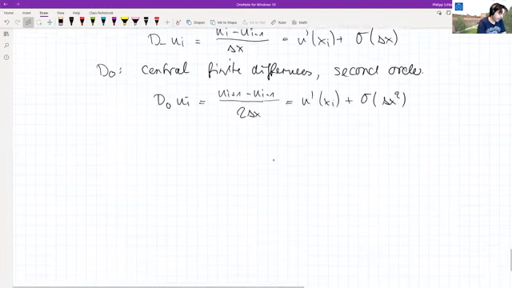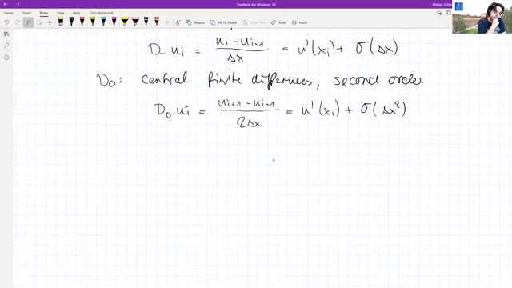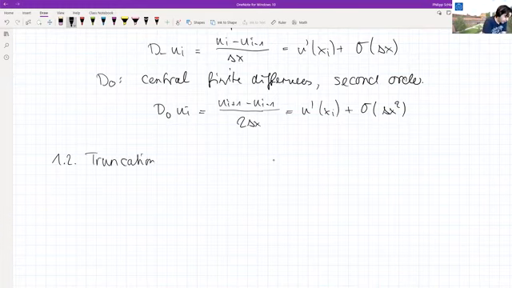Okay, now maybe the next topic is already a little bit new to some of you, because we can formalize all of this and introduce the concept of a truncation error. Truncation error is essentially the error that I commit by having a finite grid spacing.